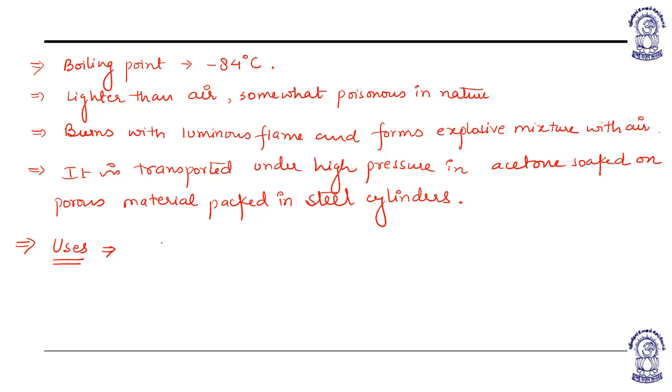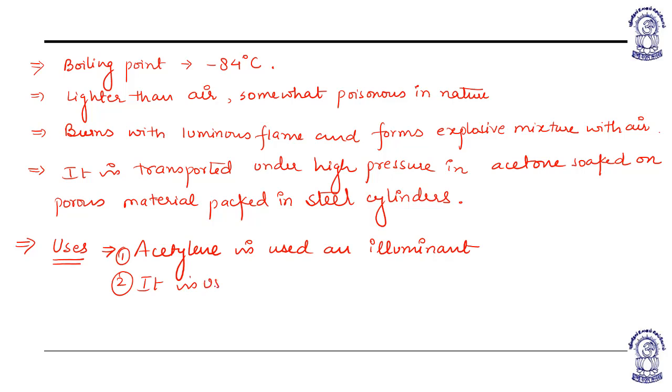Uses: acetylene is used as an illuminant. It is used for the production of the oxyacetylene torch.